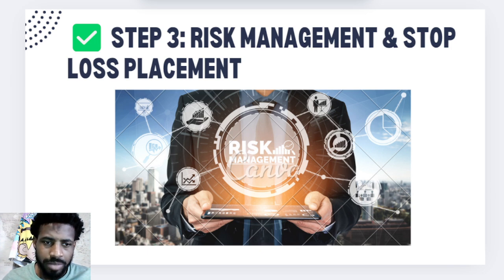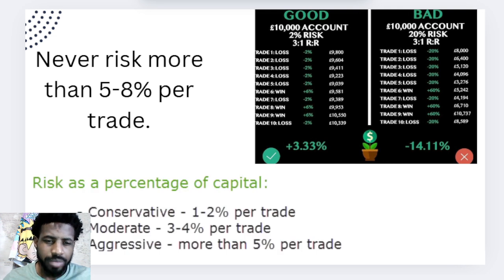Now risk management and stop loss placement, which is very important by the way. I would say never risk more than 5 to 8% per trade, which is what I risk, 5 to 8% per trade, as a percentage of the capital. Let's say you're a conservative trader, a person who doesn't like to risk a lot.